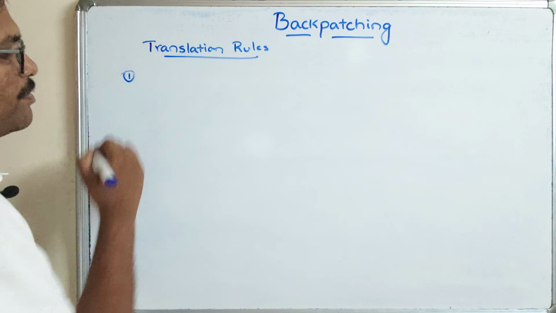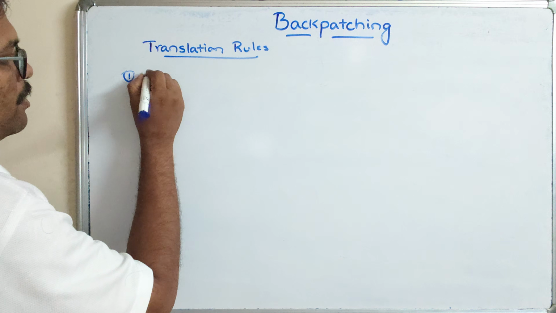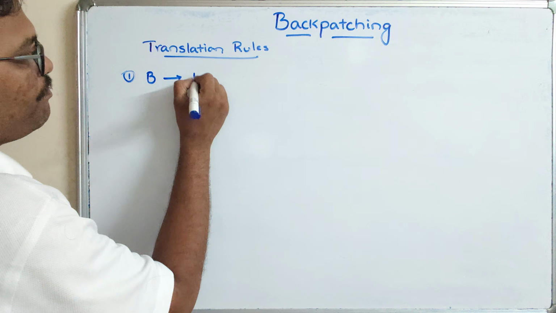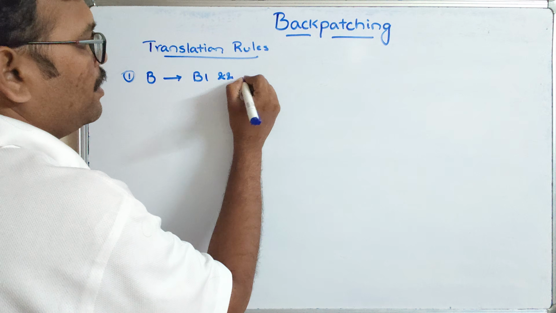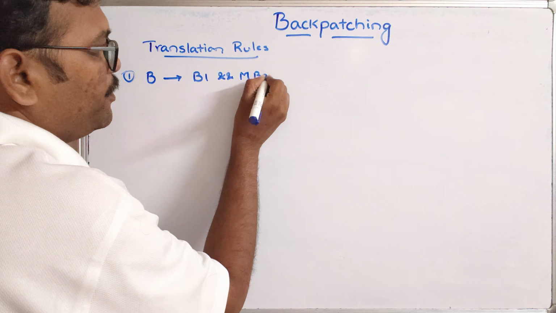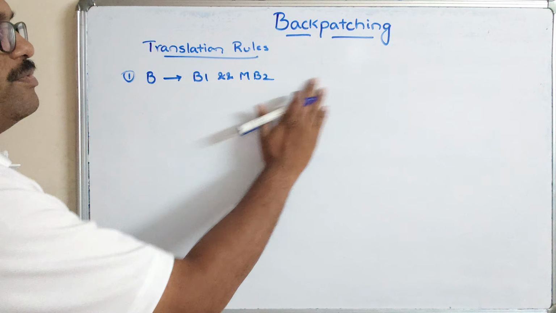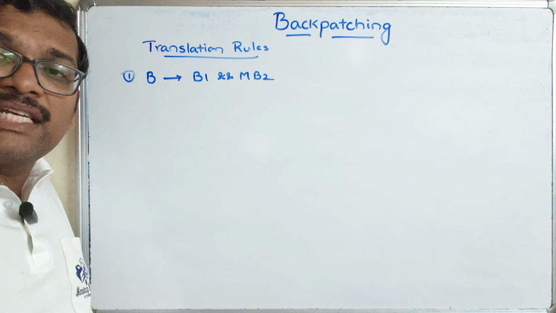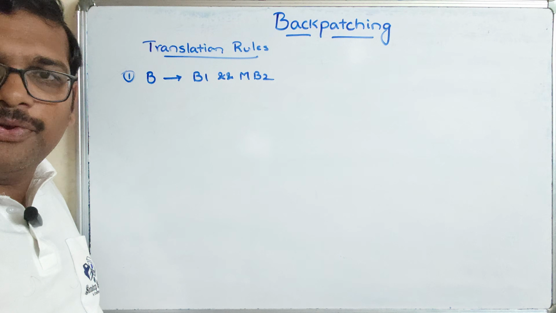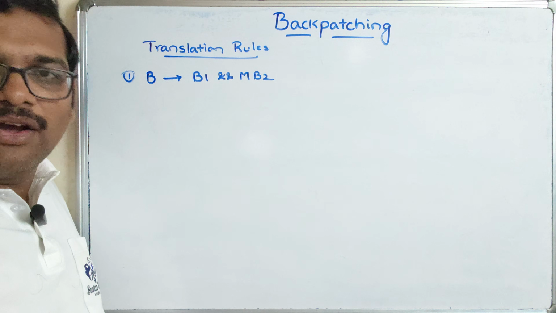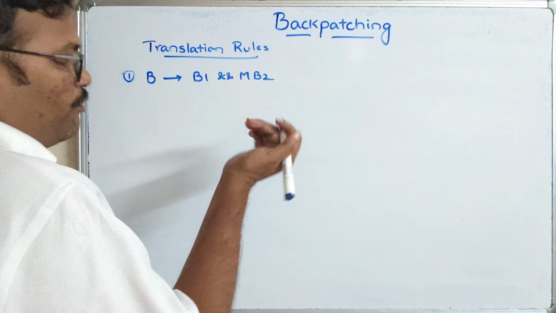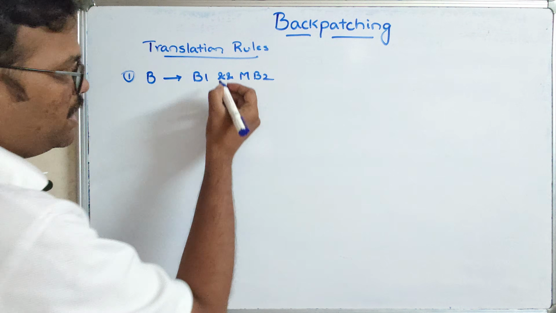So the first one, B implies B1 ampersand M B2. M is nothing but an instruction that is to be executed before B2, the starting of the instruction. So we know the short circuit evaluation.